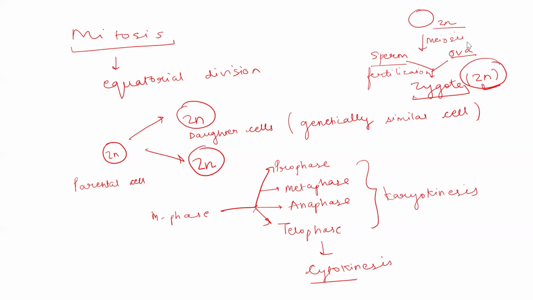The process of meiosis is also known as reductional division. It leads to a reduction in the number of chromosomes. Starting with the 2n organism, in the sperm and ova we will have only the haploid state, that is only n number of chromosomes. And upon fertilization, when the zygote is formed, it will again be 2n, that is, a diploid organism is formed.